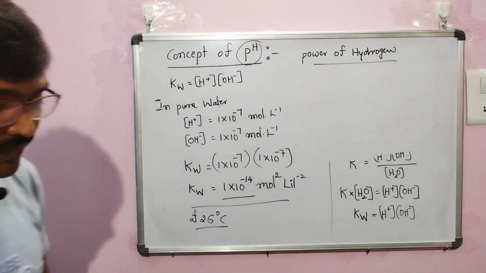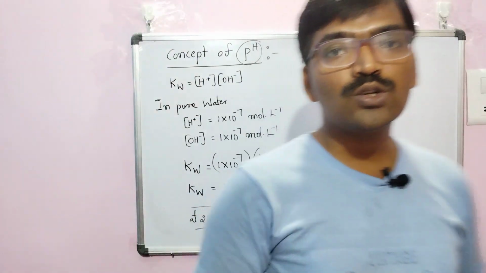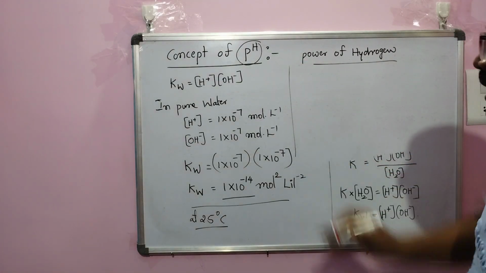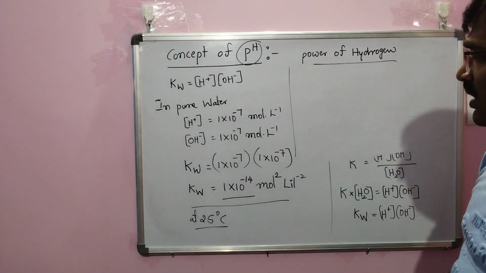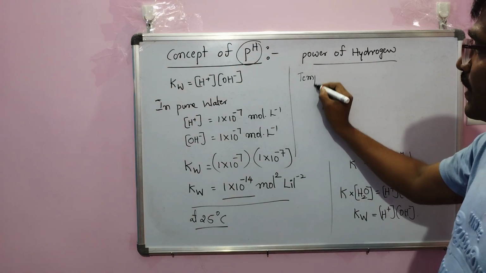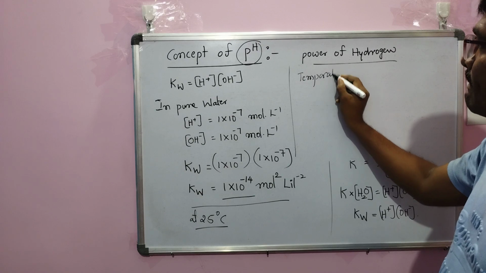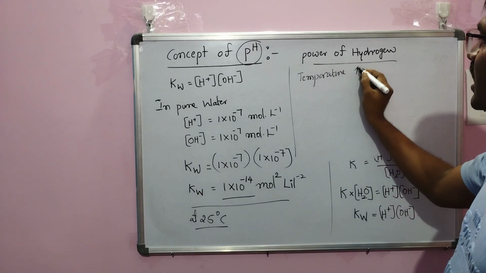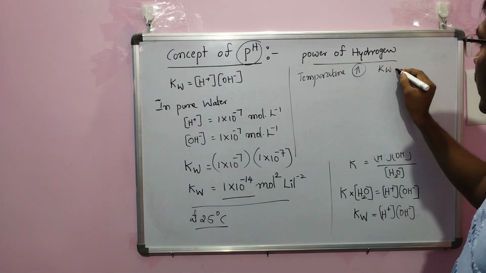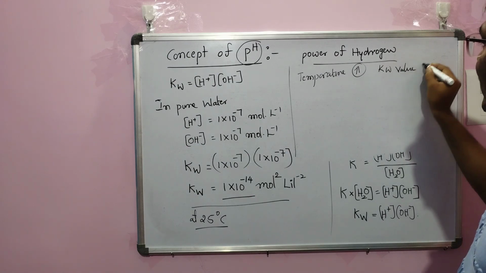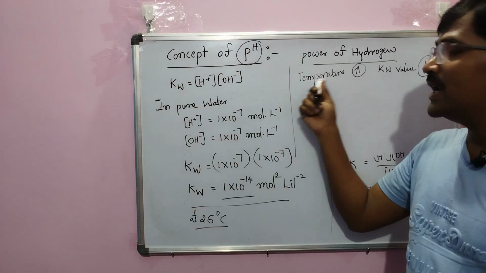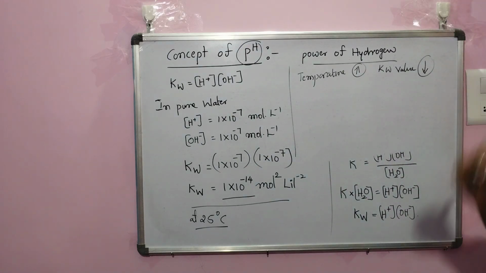They will ask a question: what is the Kw value at 25 degrees Celsius? So remember that when we see the Kw value, in case temperature increases, Kw value increases.